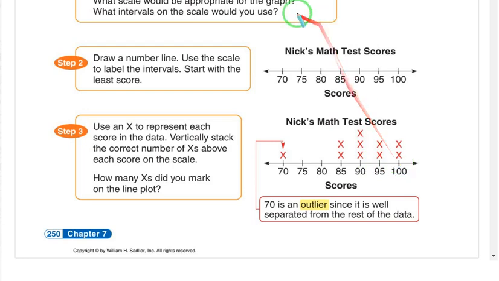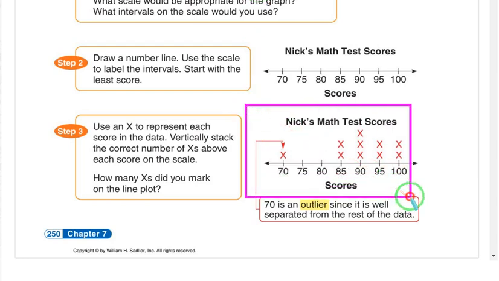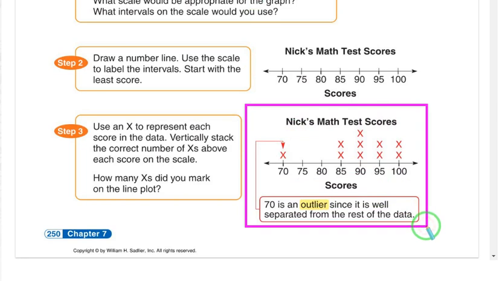So, as you can see here, this line plot is another way to represent Nex's math test scores, and it gives us the same information given in the frequency table above. So we have many different ways to represent data.